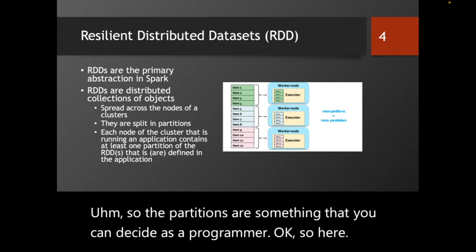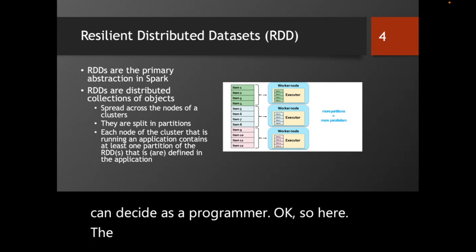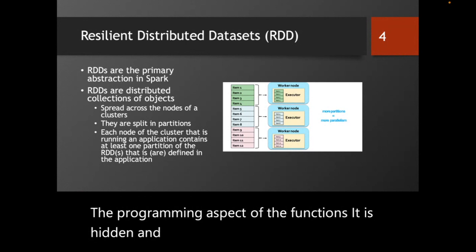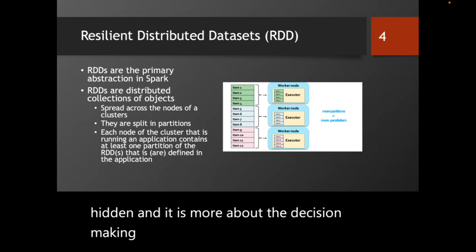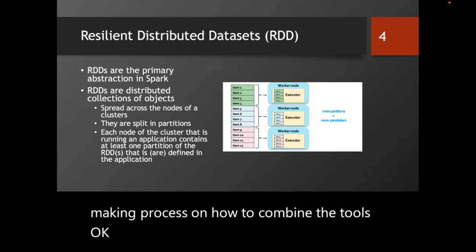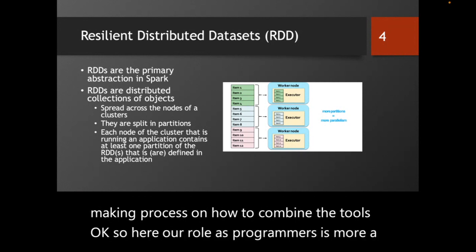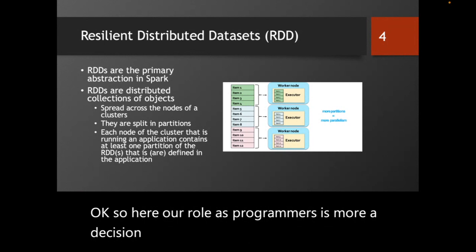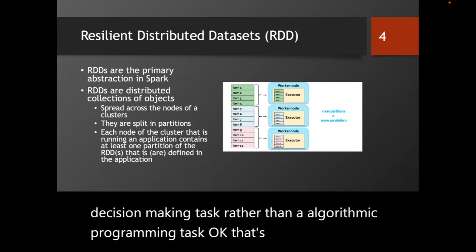Here, the programming aspect of the functions is hidden, and it is more about a decision-making process on how to combine the tools. So here, our role as programmers is more a decision-making task rather than an algorithmic programming task.